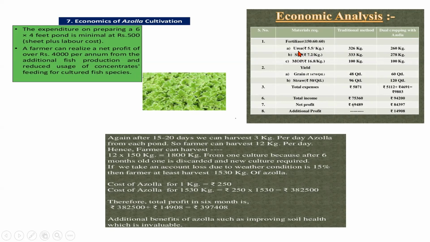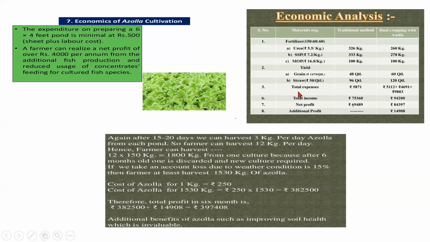So you can't say with azolla alone you can finish the cultivation. You can just add it along with urea. So the requirement of urea becomes very less when you add azolla. Superphosphate, when you require 333 kg with chemicals alone, it is enough if you have 278 kgs. So they have worked out all these things.